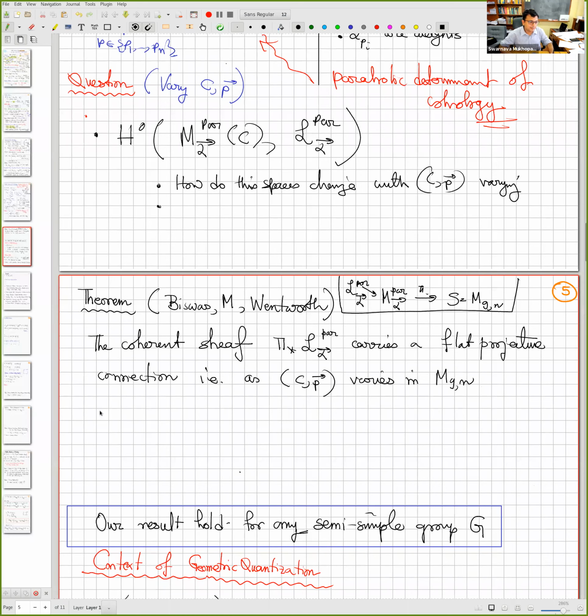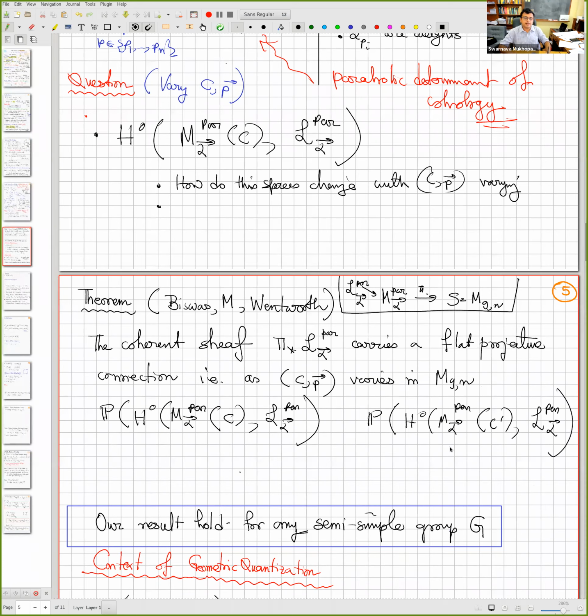In particular, what I want to say is that if I look at the projectivized vector spaces, M_C parabolic alpha and, for two different curves, M_C' parabolic alpha, they are identified by parallel transport along a path joining C, P and C', P'.